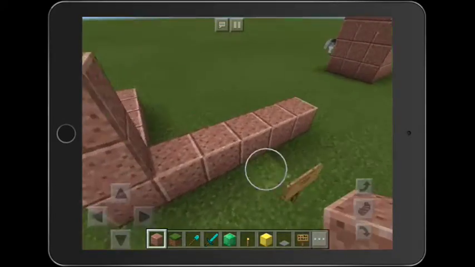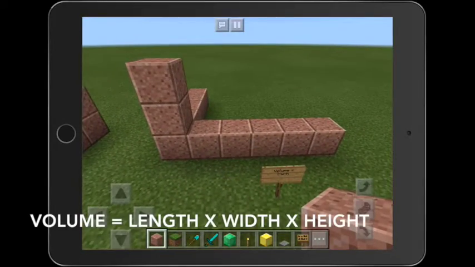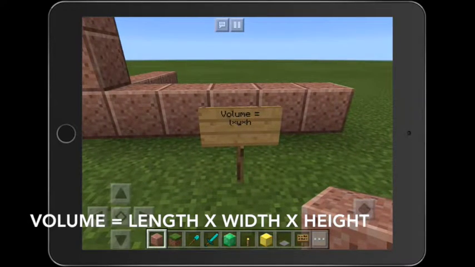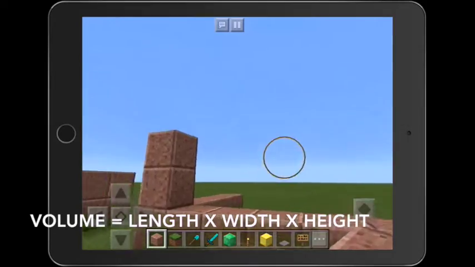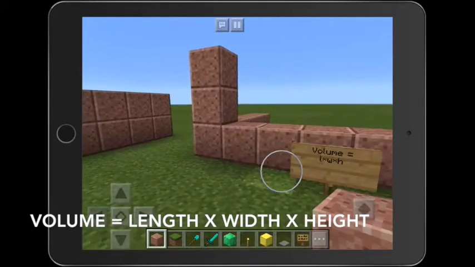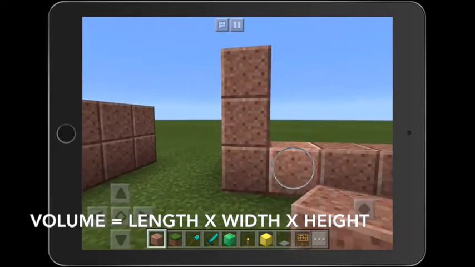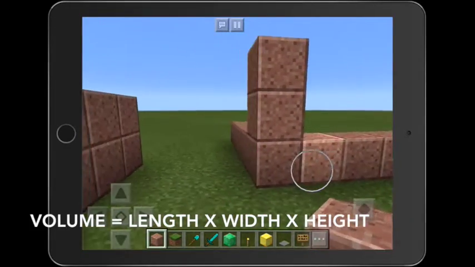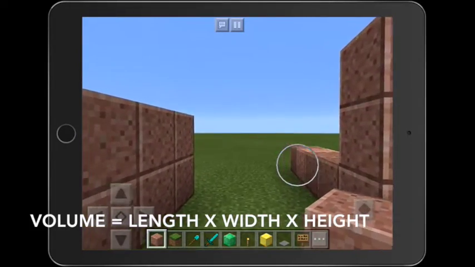Now I can use my formula, length times width times height, as you can see on this sign right here, to figure out what the volume would be if I wanted to fill in this whole space. Since the length is 1, 2, 3, 4, 5, 6, times 1, 2, 3, 4, 5.